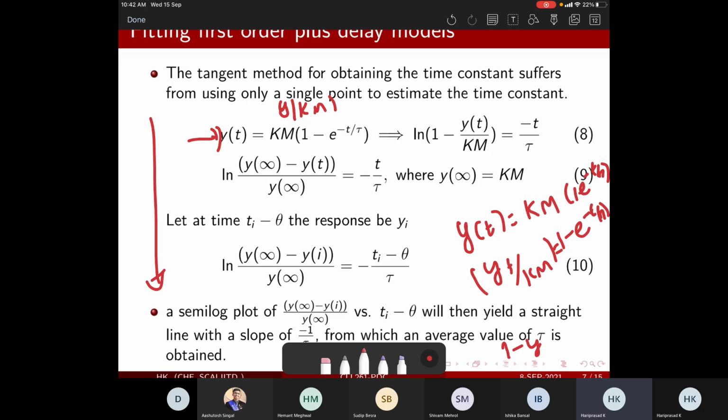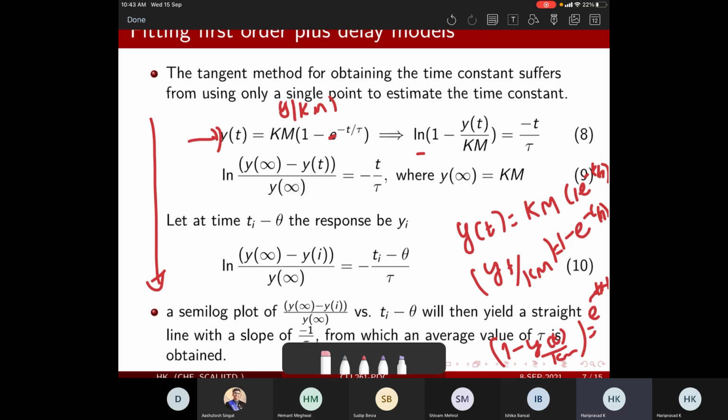So 1 minus y(t) by km is equal to e raised to minus t by tau. Now you take logarithm on both sides. The left hand side would be ln of 1 minus y(t) by km, and on the right hand side this exponential collapses. When you apply logarithm, it would be just minus t by tau.